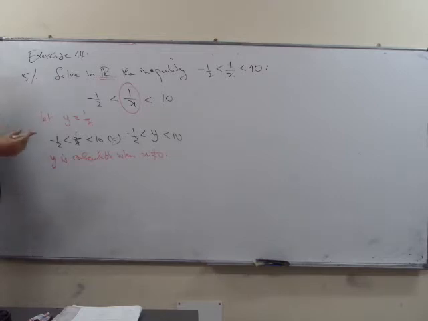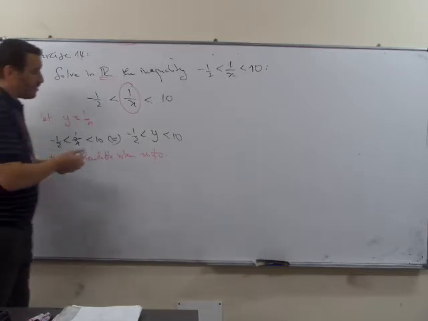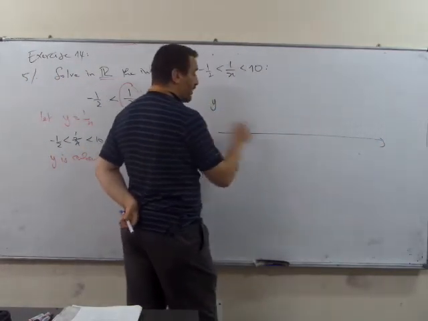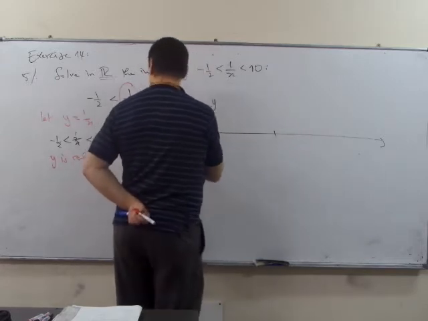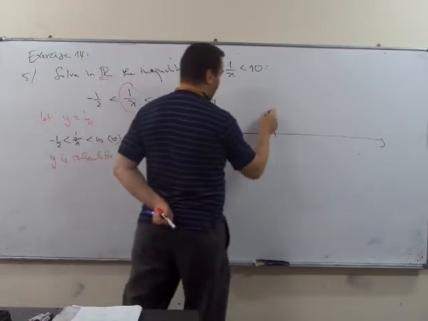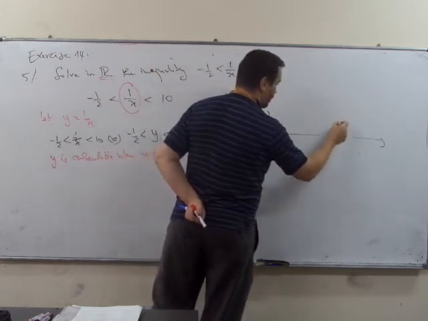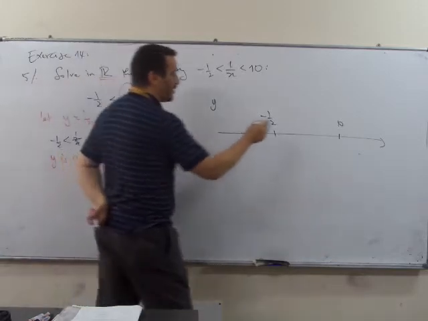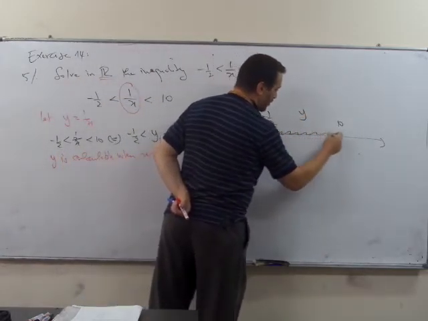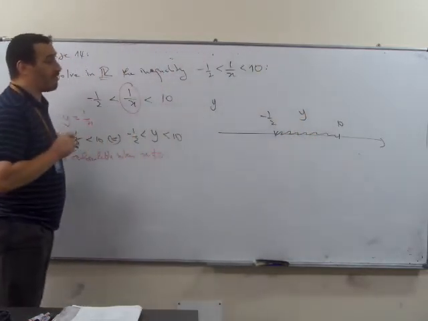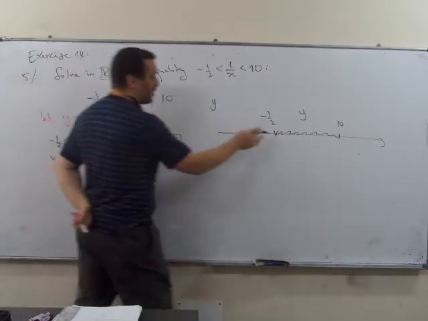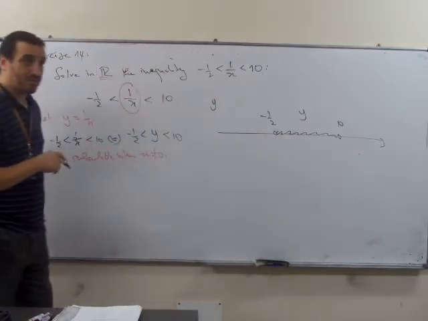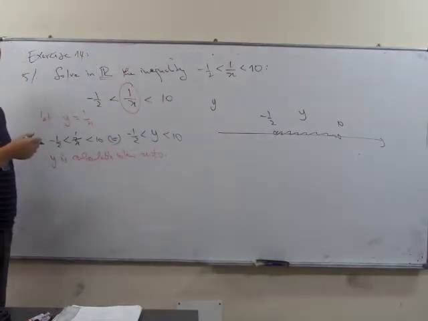Clear? Now, if I want to represent y on the number line, I want to find y between negative half and 10. This is y, and its values are between negative half and 10. 10 and negative half, sorry, are not included, they are not possible values of y.